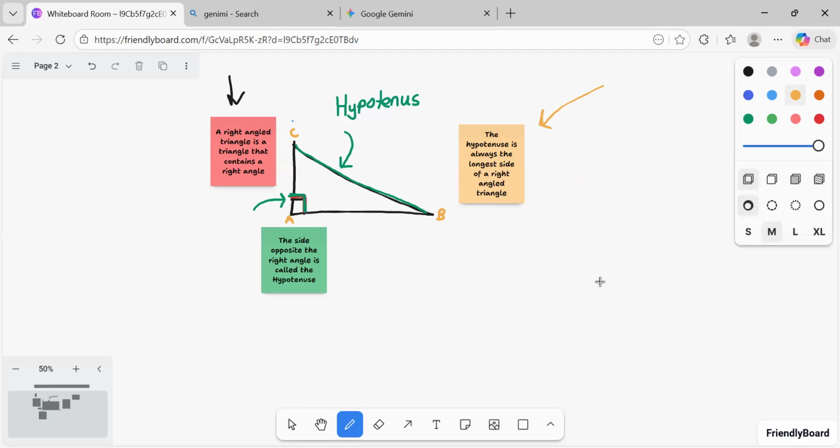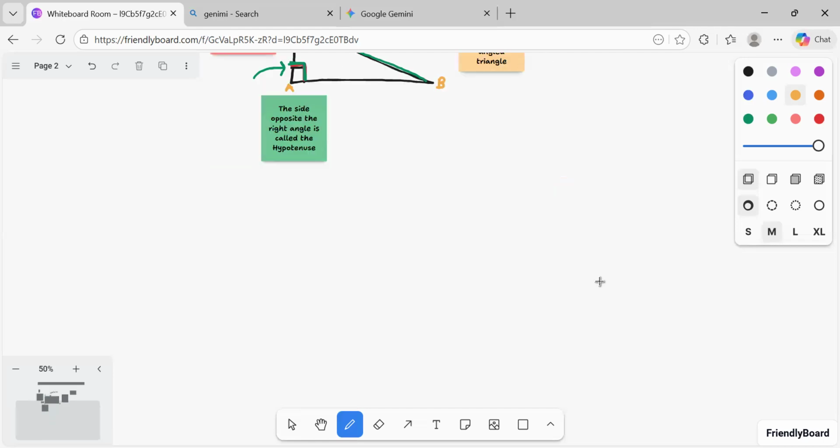Let me draw the right-angled triangle one more time. So this is a right-angled triangle. It's supposed to be straight there, but I did my best.